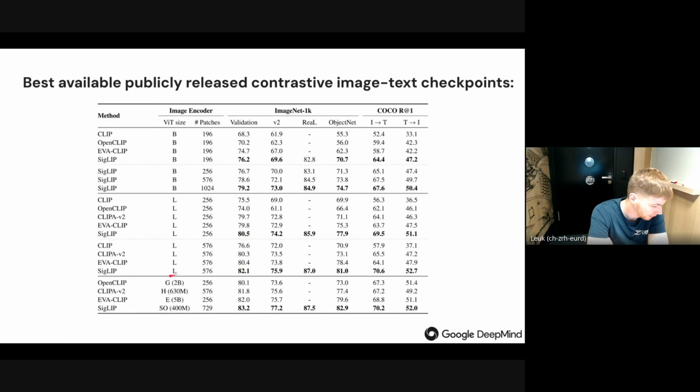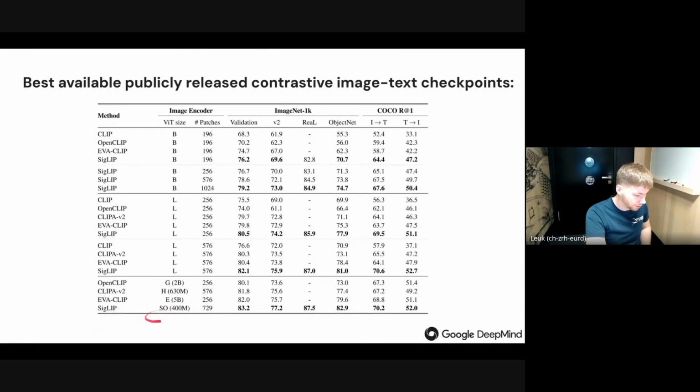And we also trained a larger model. This SO400M is a size or a shape of vision transformer that we developed in a separate paper, where we looked at if scaling laws can be used to predict optimal shapes of transformers. Shape means more detailed size, not just number of parameters, but number of layers, model dimension, and MLP dimension.